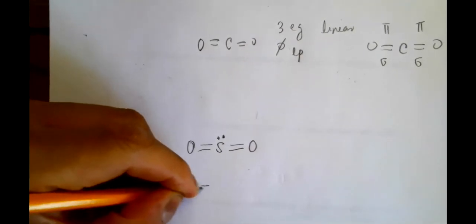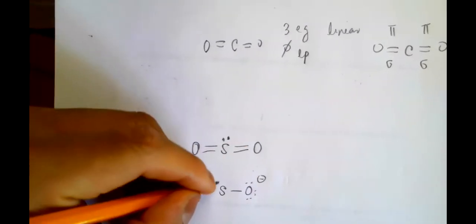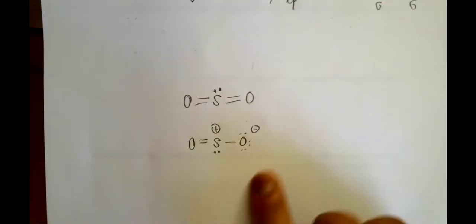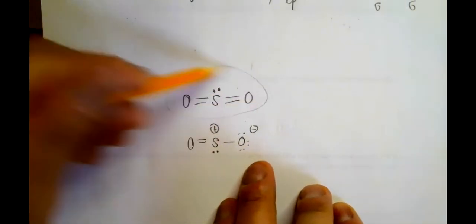All the formal charges are going to be 0. The other option for sulfur dioxide could be like this. But in any case, let's look at this one.